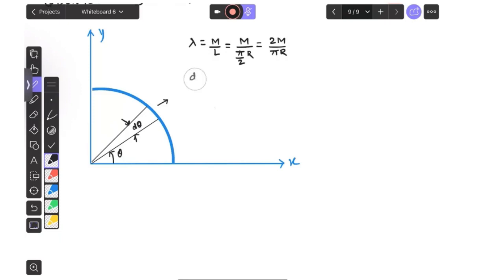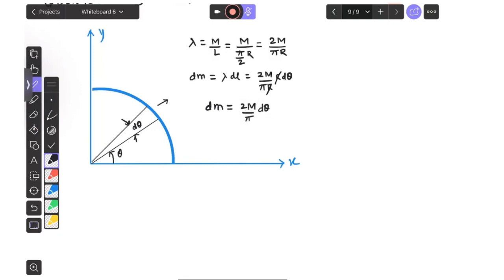So dm, the mass of the differential element, will be lambda times dl. And dl is r d theta. So 2m by pi r into r d theta. You'll see the r cancels. So here dm is going to come equal to 2m by pi into d theta.